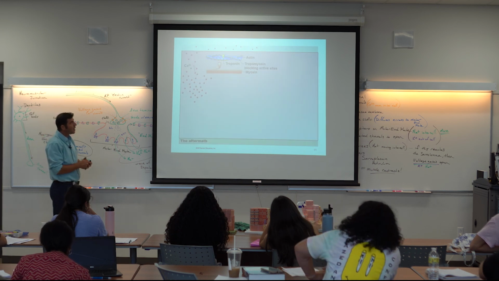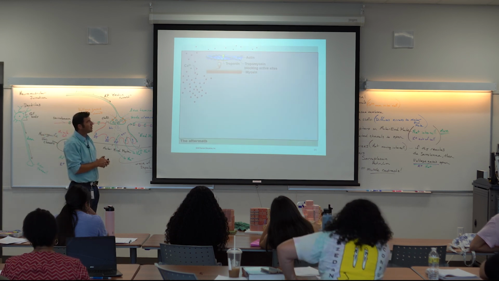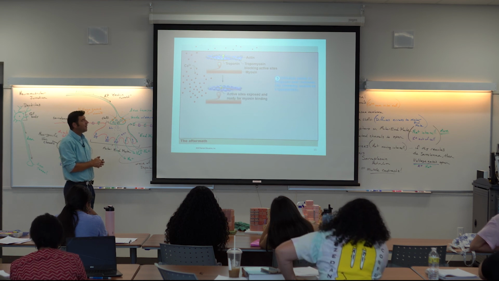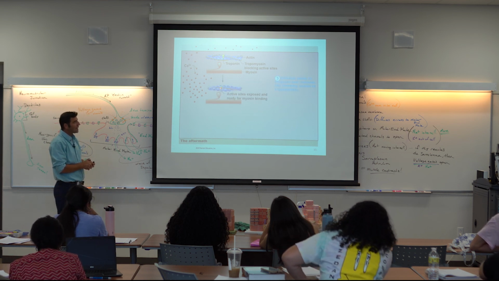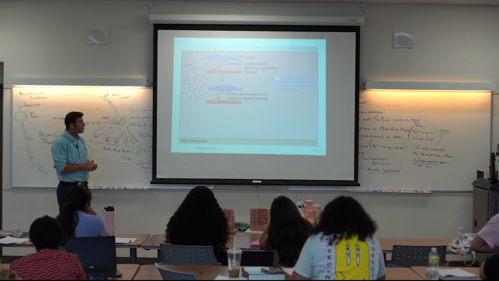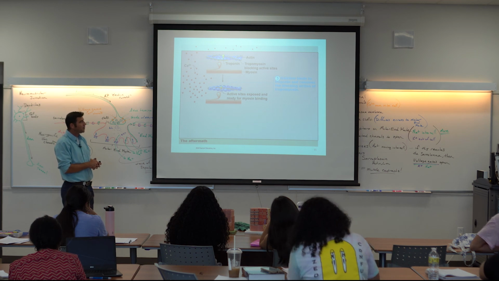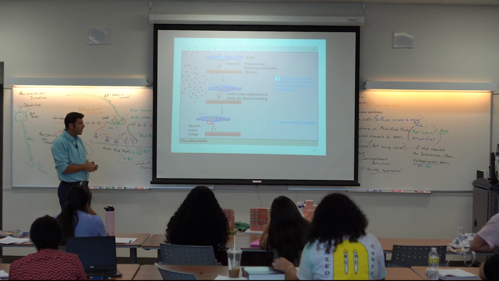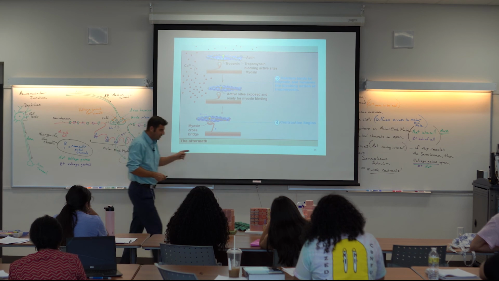We saw this last time. Active sites are covered up until calcium is on the scene, and then troponin prefers to hold on to calcium, and it lets go of those actin active sites. So now the active sites are exposed, and as soon as they are exposed, we have this cross bridge that forms between actin and myosin.